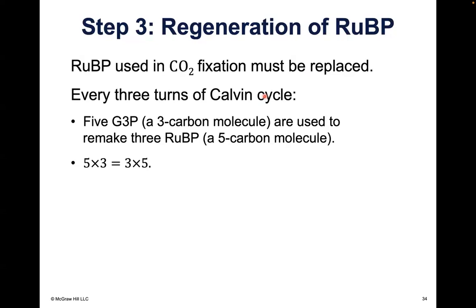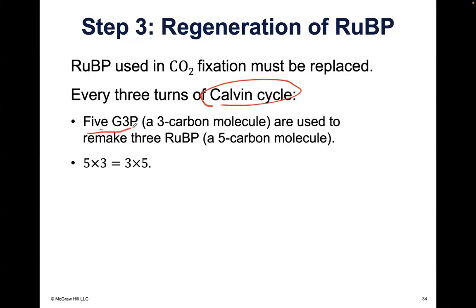It produces 5 G3P, and uses it to make ribulose. This is exactly what it says here: 5 times 3 equals 3 times 5. Mind you, you need to understand this concept here. When you have the carbon cycle 3 times, it uses what?